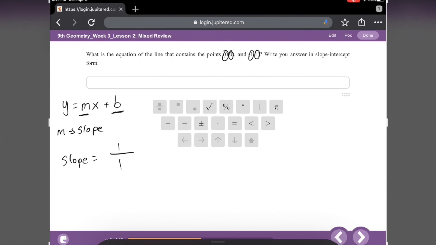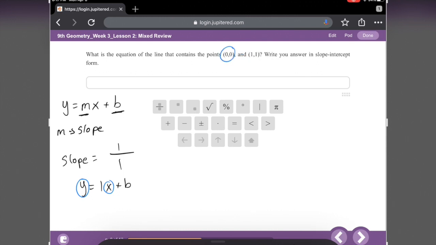Okay, so in other words, the slope is 1, and we can replace that in the formula. Y equals 1 times x plus b. Okay, and now we have to find what the y-intercept is. We have to plug in for x, and we have to plug in for y using the values of the coordinates that were given. Oops, let me erase that.